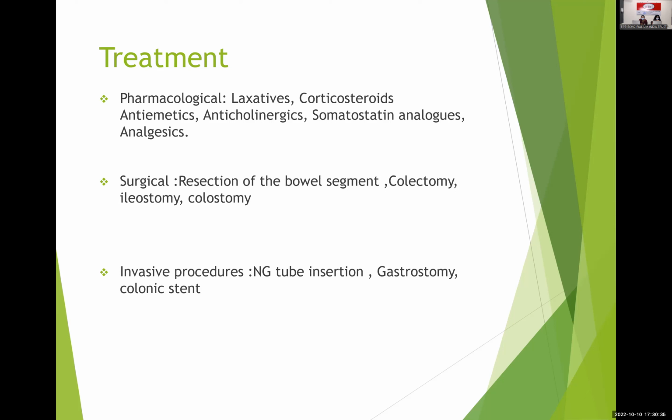Okay. And also next we have corticosteroids. What corticosteroid do we give here? And why do we give corticosteroids? To reduce the tumor edema. To reduce edema. Okay. Adhesions also.